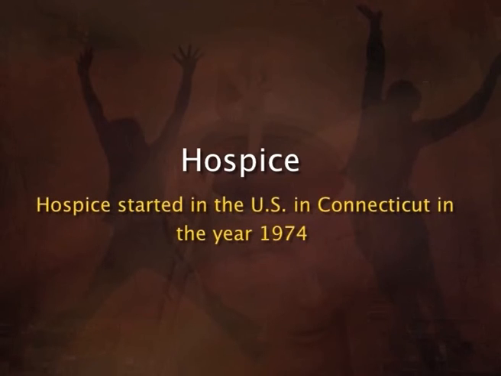Going on to the third system that is available today, that is hospice. Now, hospice started in the US in Connecticut in the year 1974. And this hospice kind of treatment is devoted to allowing death to occur in a safe and pleasing environment, and also to allow death to occur in a natural way.